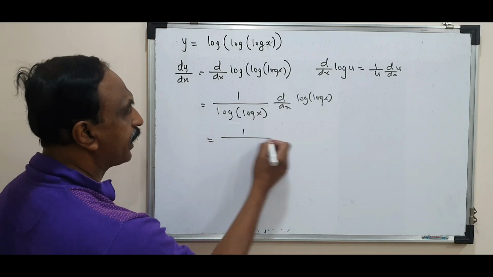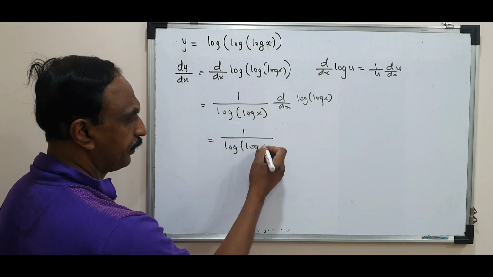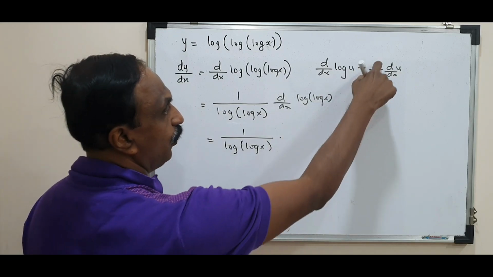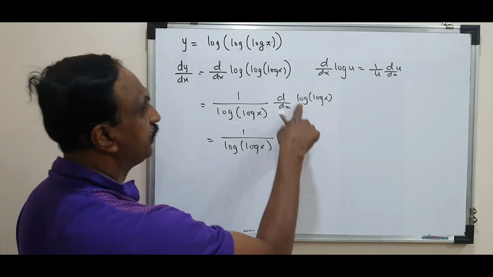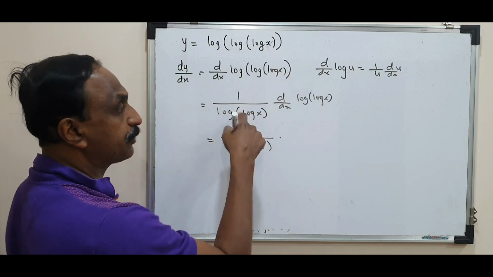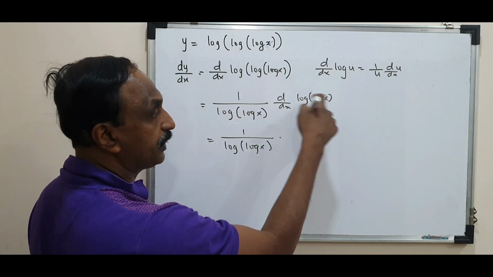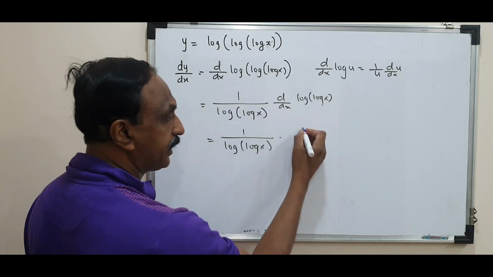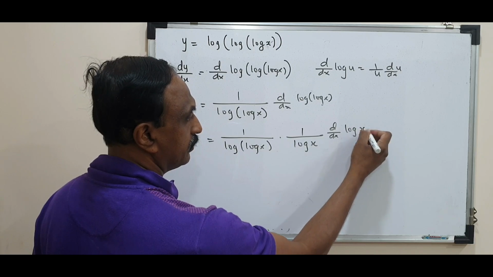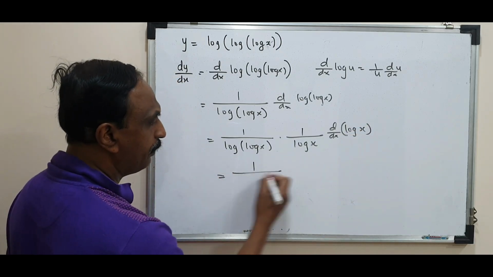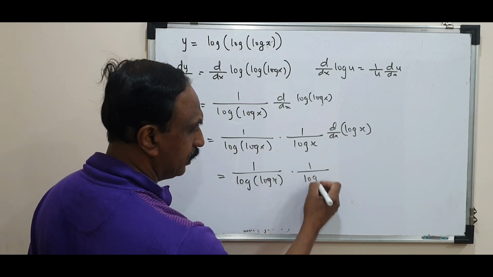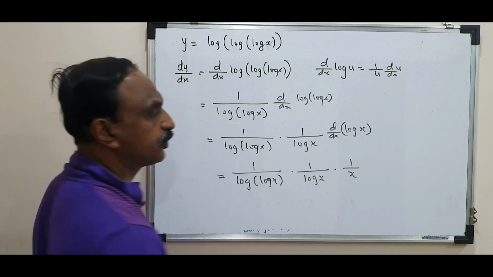Now this became 1 upon log x. Now the derivative of log x: your u is x. So 1 by u. The outside log will go away. Whenever you differentiate a log, the log is not present in the answer. Whatever is in the bracket comes to the denominator, into the derivative of the bracket. So your answer became 1 by log x into 1 by x. This would be your answer.